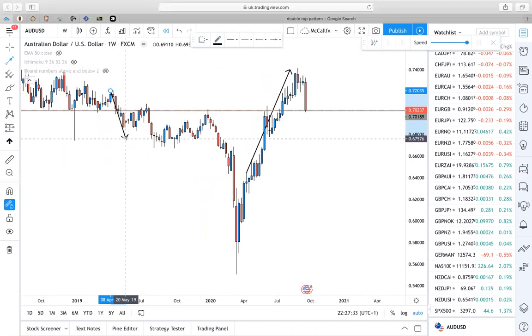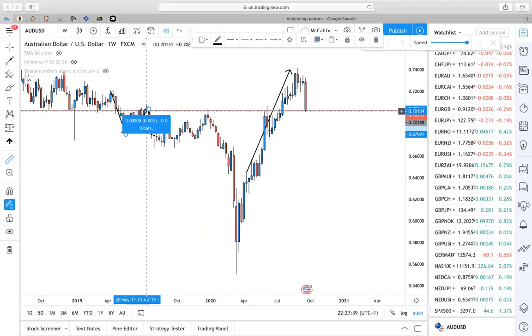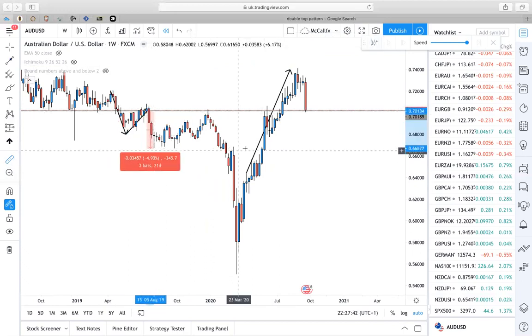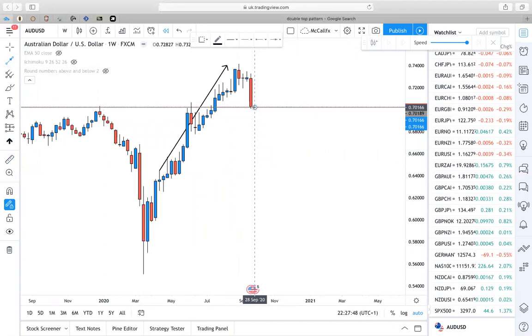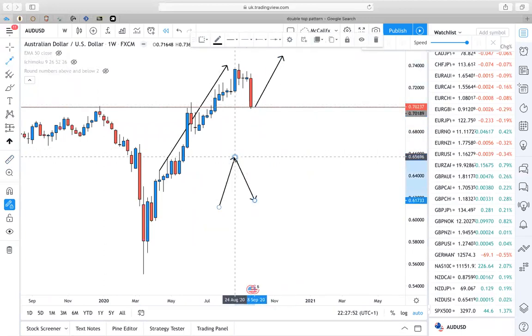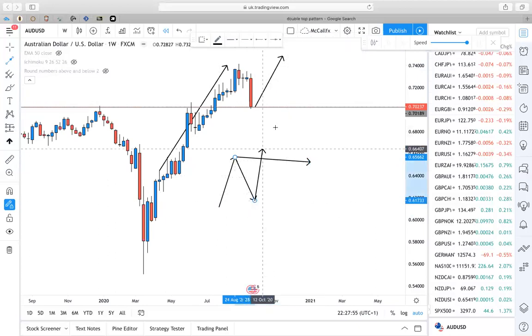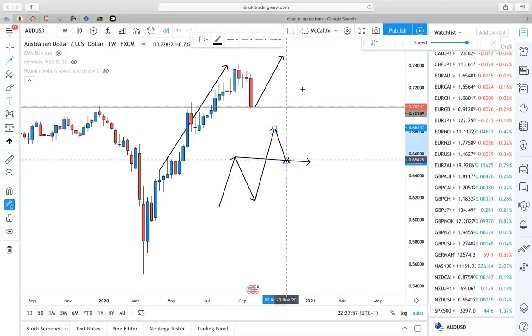Market broke a key level, retested this key level. How many pips do you guys think this dropped? 300 pips. All right. Market broke a key level, retesting that same key level. I'm expecting market to do what? To go up. This is what a trend is. Breaks your level, goes up, gets that retest and goes up.